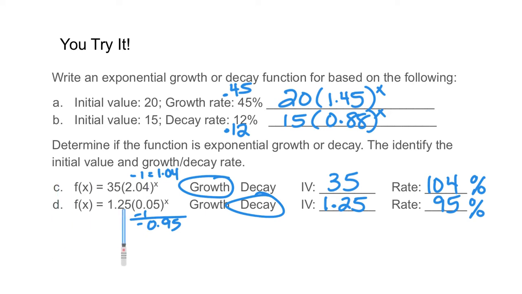And then for the second two, you had growth happening here because it was bigger than 1, and decay happening here because it was smaller. When you subtracted 1 from both of those, you got a growth rate of 104% and a decay rate of 95% for both of those. And again, your starting value was here and here. All right, if you miss any of those, make corrections where you need to, and then let's roll on.